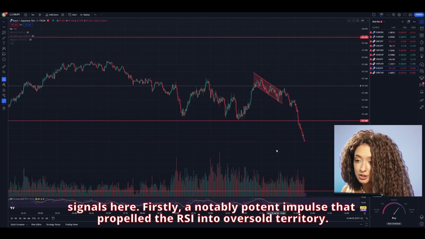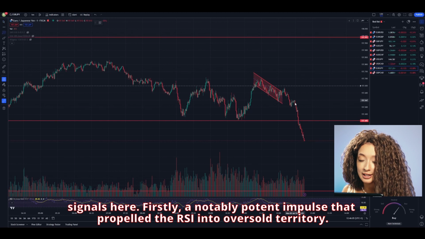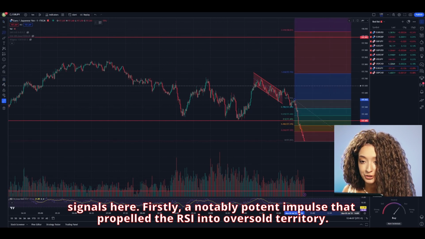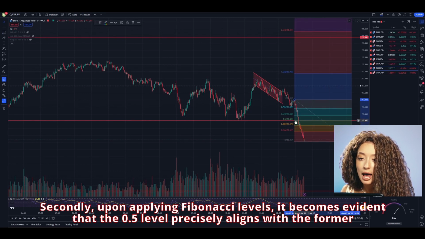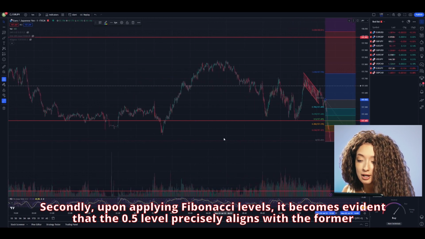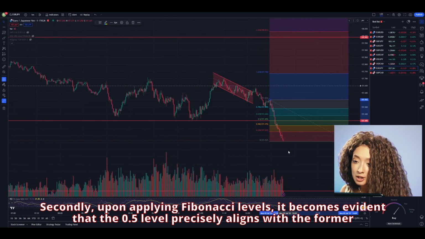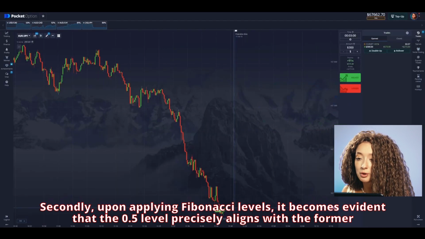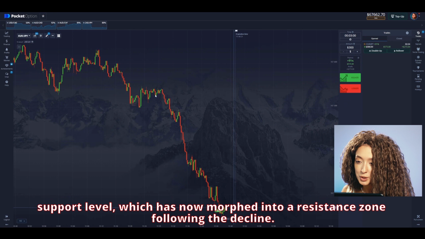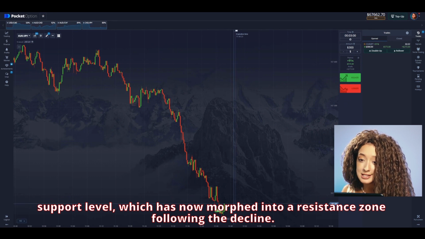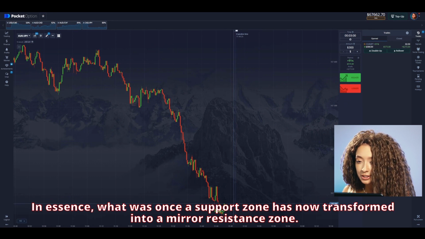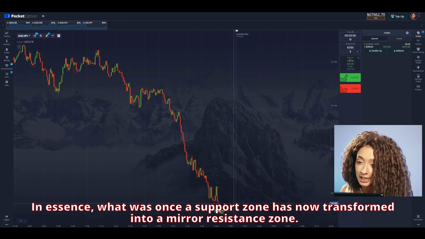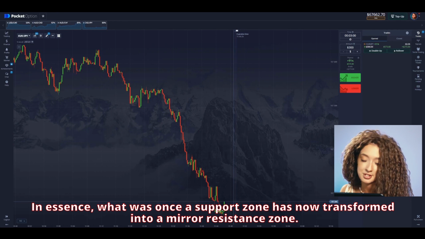Firstly, a strong downward impulse that properly led the RSI into oversold territory. Secondly, upon applying Fibonacci levels, it becomes evident that the 0.5 level recently aligned with a formed support level, which has now morphed into a resistance zone following the decline. In essence, what was once a support zone has now transferred into a minor resistance zone.